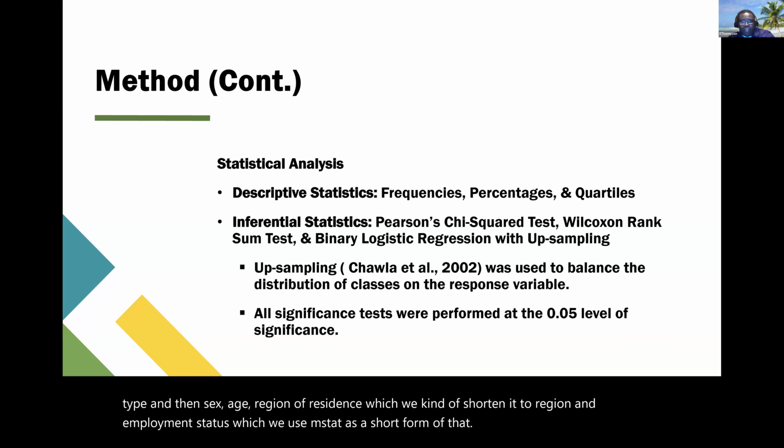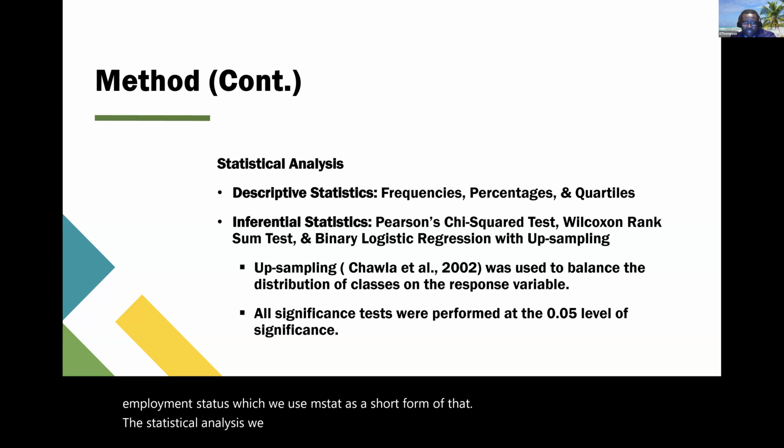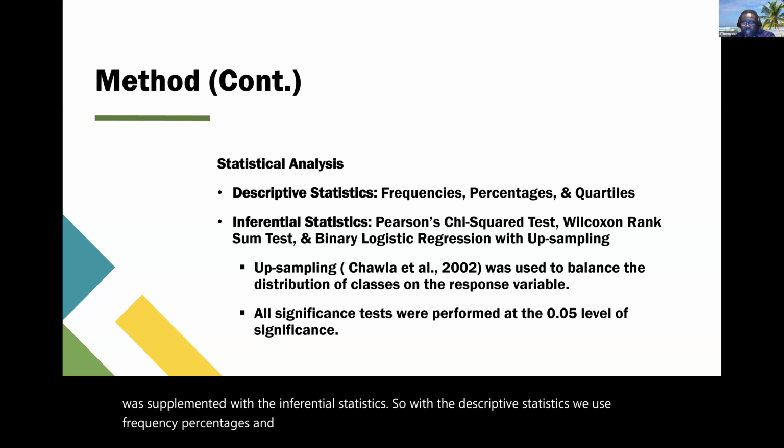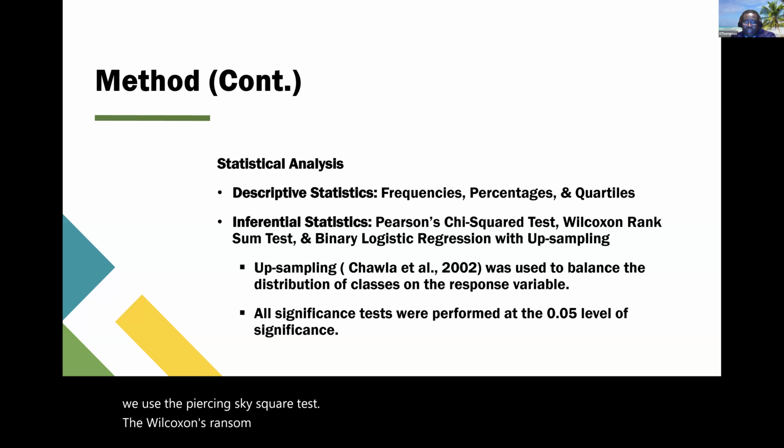The statistical analysis, we have it in two parts. We have the descriptive statistics, and then that was supplemented with the inferential statistics. With the descriptive statistics, we use frequencies, percentages, and quartiles, in particular the median. And then for the inferential statistics, we use the Pearson's chi-square test, the Wilcoxon's rank sum test, and the binary logistic regression with some slight modification using what we call upsampling.